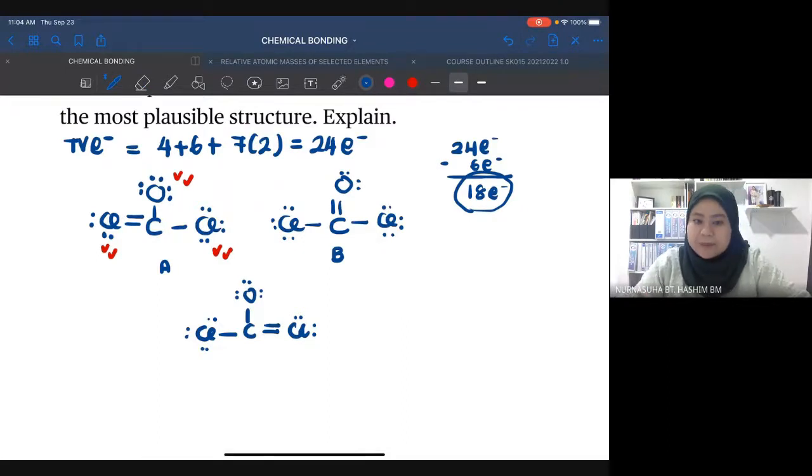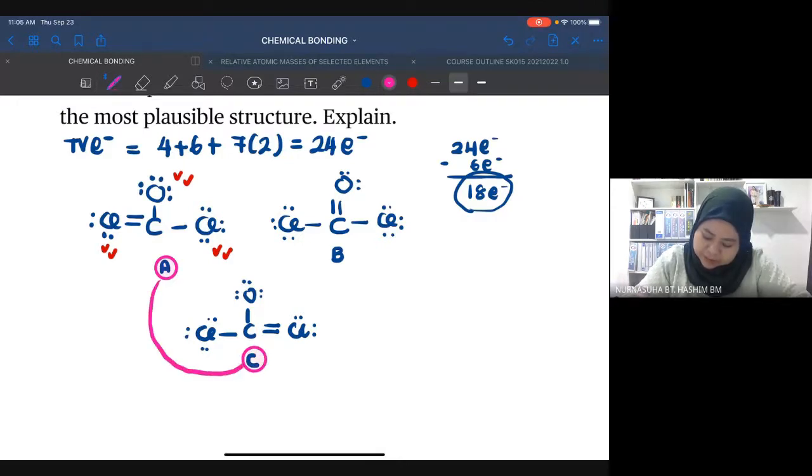Okay, boleh tak? Okay, structure C lah. The answer boleh. Cuma structure A and C basically is the same thing.